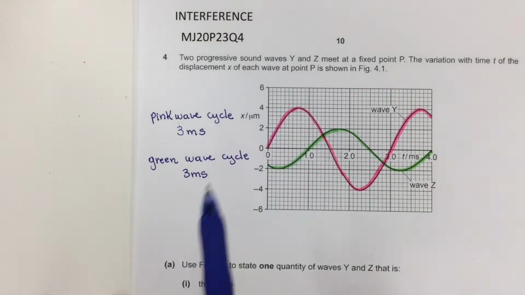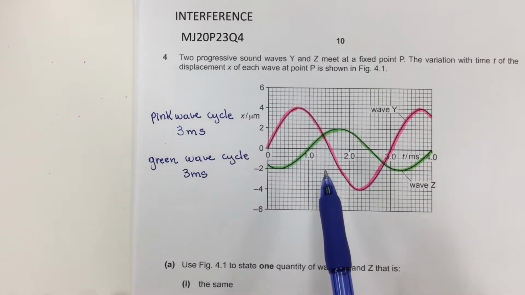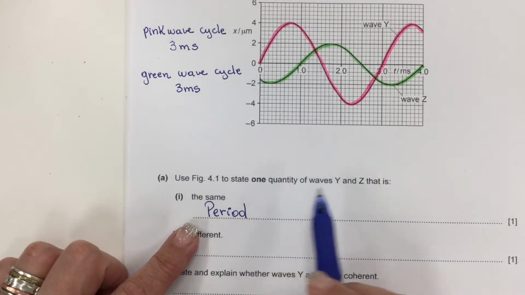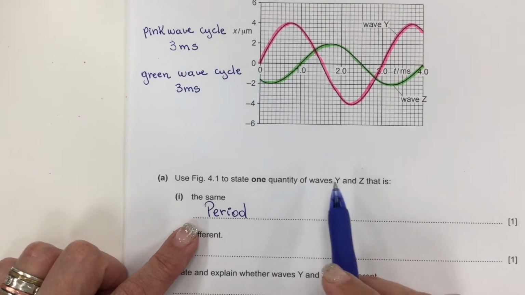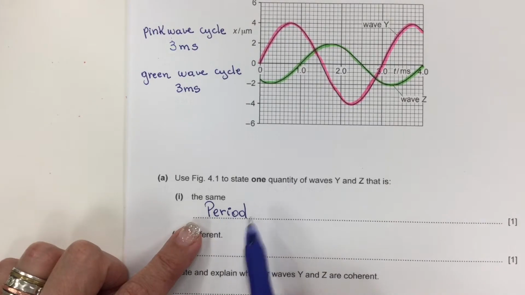Since seconds is the unit for period, we can state that both waves have the same period. So one quantity both waves, Y and Z, have the same is the period.